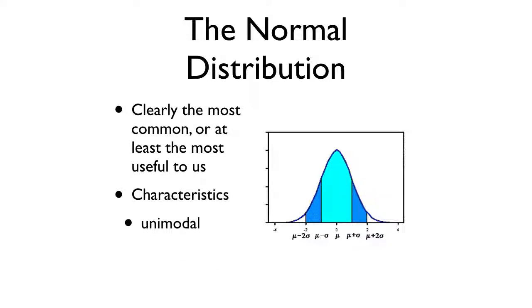It's got some characteristics. It is unimodal. It is symmetrical. And it's, quote, bell-shaped. So it's unimodal, symmetrical, and bell-shaped. So we can talk about its characteristics of shape. That's our distribution.